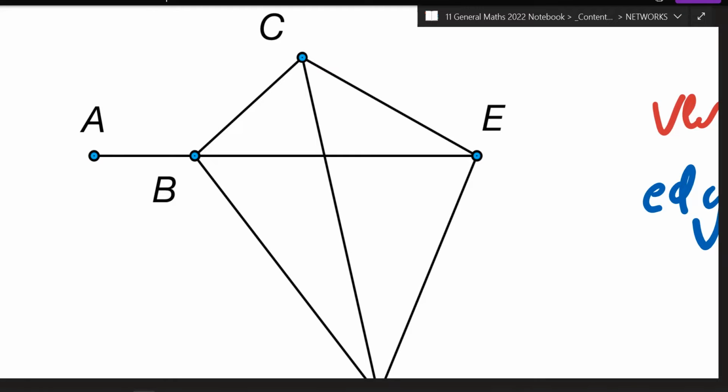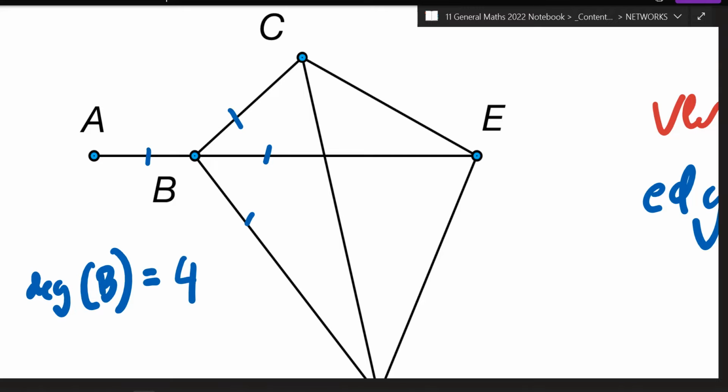So if I ask you for the degree of B, I'm asking how many lines are connected to B. Jordan, how many lines connect to B? Are you sure? 4, good. 1, 2, 3, 4. So the degree of B would be 4.